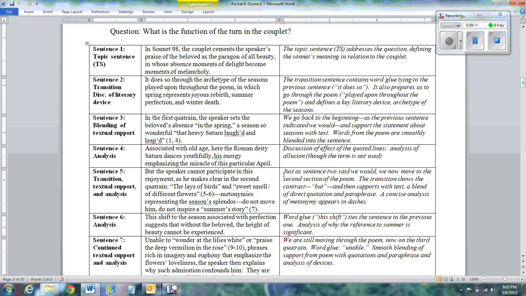So, just as the second sentence said we would, we now move to the second section of the poem, which I'd say right here. The transition shows the contrast. But, so here's the wonderful spring, but the speaker can't participate in it. And then I blend my textual support and my paraphrase to show how the speaker shows he can't participate in the enjoyment. And I have a little analysis of the device of metonymy there in the dashes.